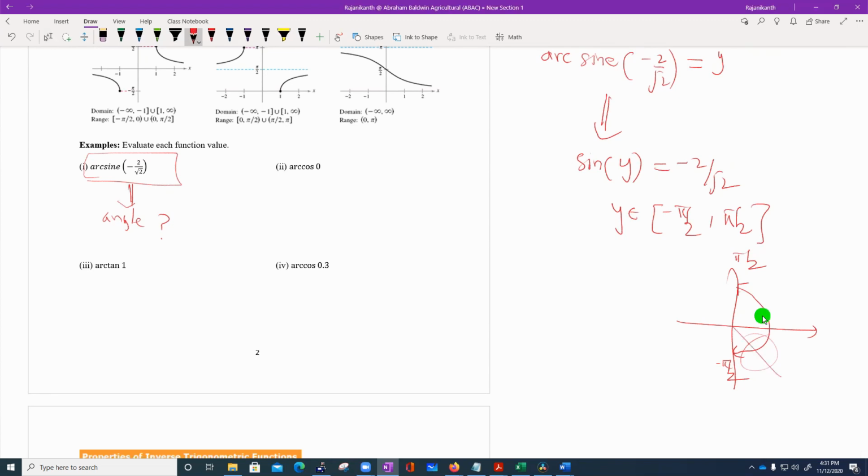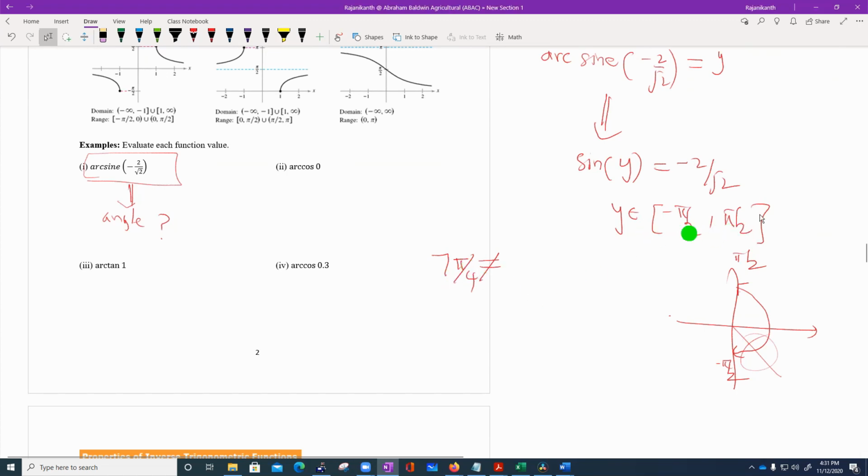You are very close, but 7 pi over 4, even though this gives sine negative, is not correct because your answer is supposed to be in this range. 7 pi over 4 will be somewhere here. So always look for your answer within this range.